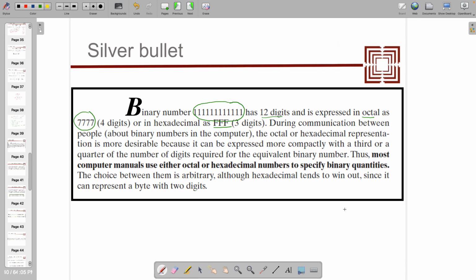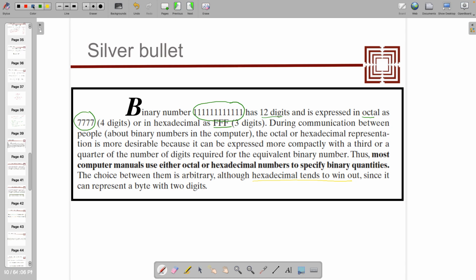Most of the time, computer manuals and everything are written in either octal or hexadecimal, because it gives the numbers in fewer bits. That's the best part, and the choice between them is arbitrary, although hexadecimal tends to win out since it can represent a byte with 2 digits.